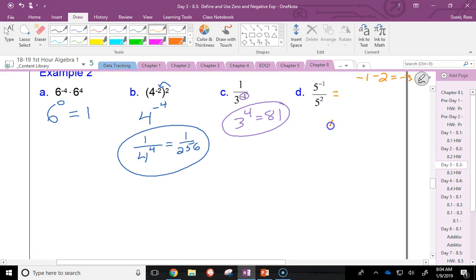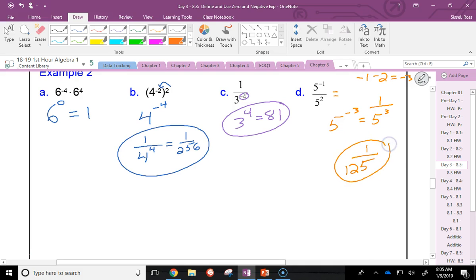So this should have equaled 5 to the negative 3rd power, which means to reciprocate, 1 over 5 to the 3rd power, which is 125. Am I right? 1 over, still about to write that wrong, 125.